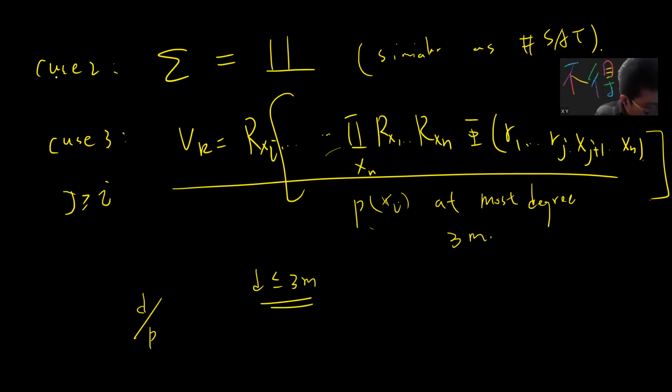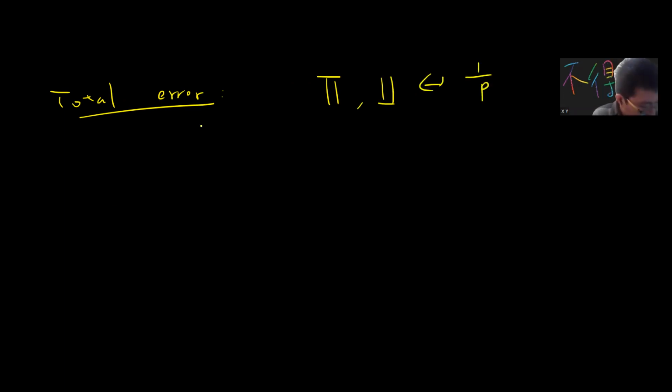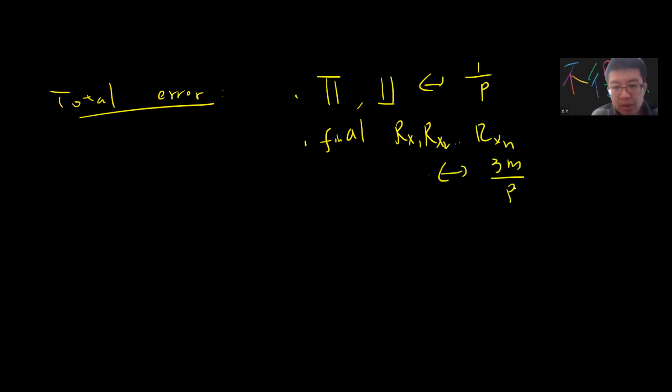So the total error is basically this. Each of these corresponds to 1 over p, as I just said. And finally, we have R X1, R X2 up to R Xn, with error at most 3m divided by p.